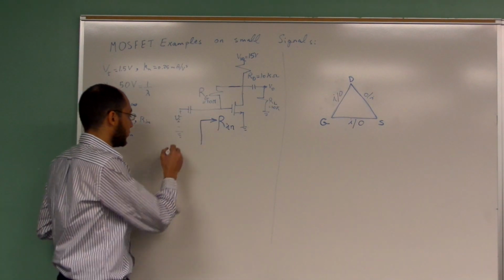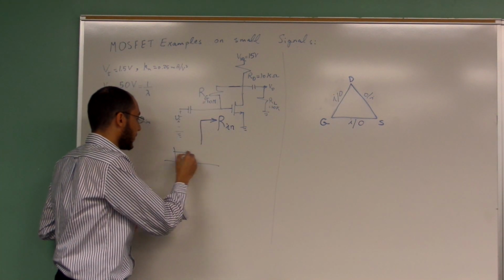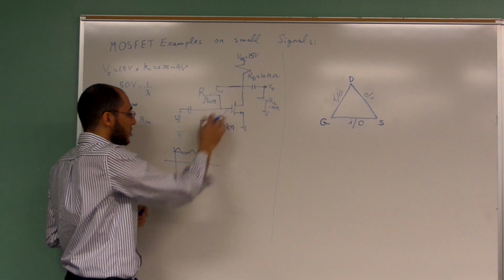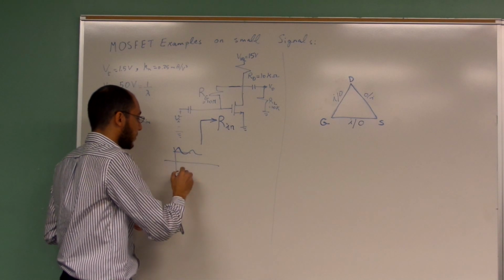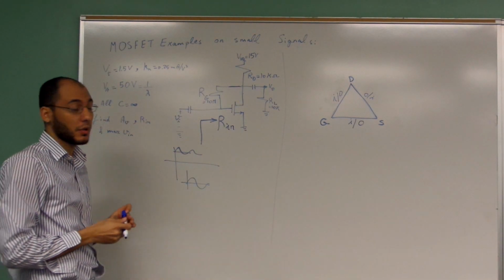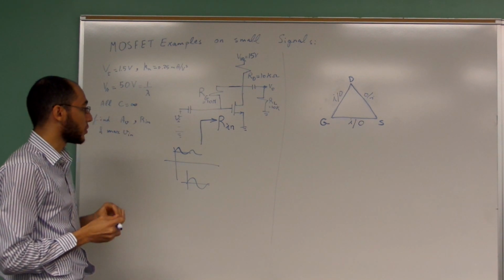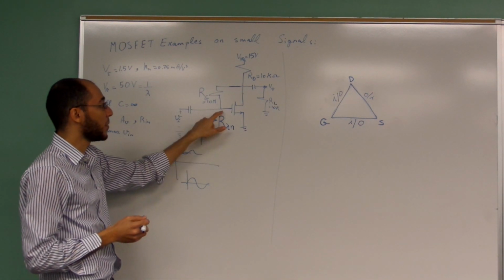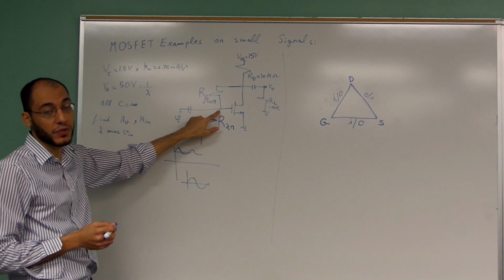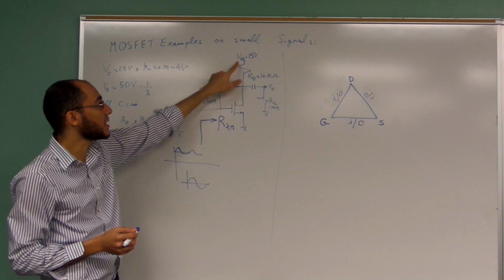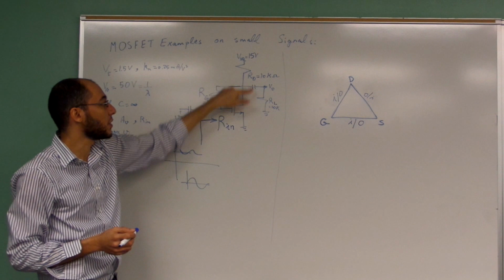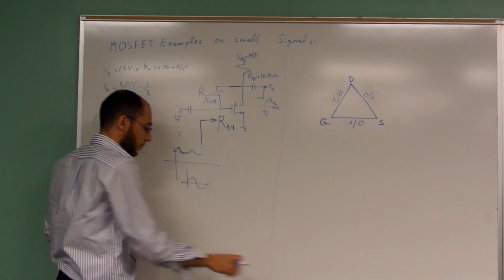So if the input is biased by some value, this transistor is not going to see anything except the change in the voltage, because we do not want to mess with the DC voltage of this gate, since we already configured this DC voltage of the gate through these resistors.